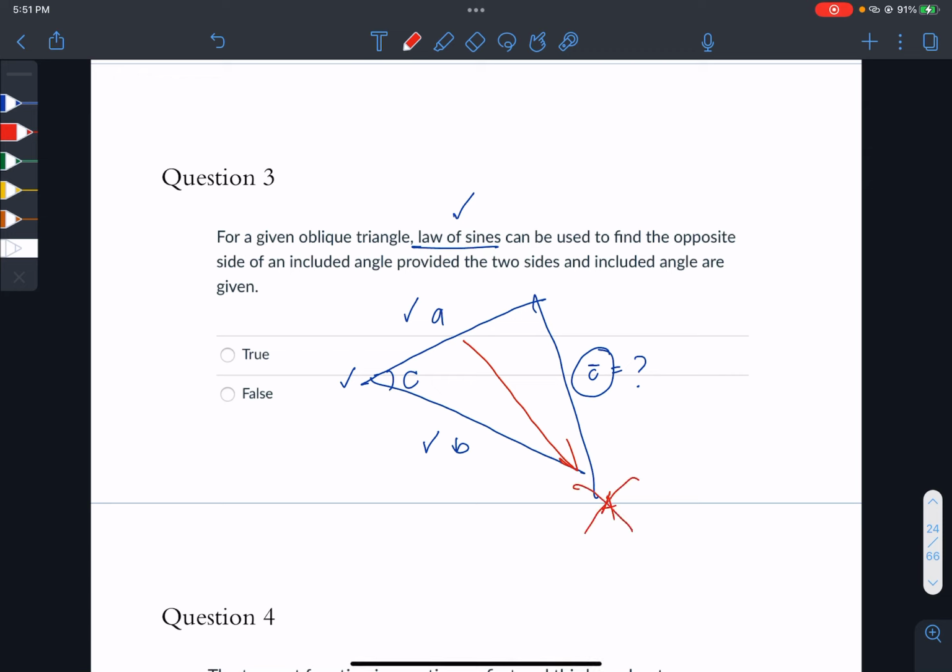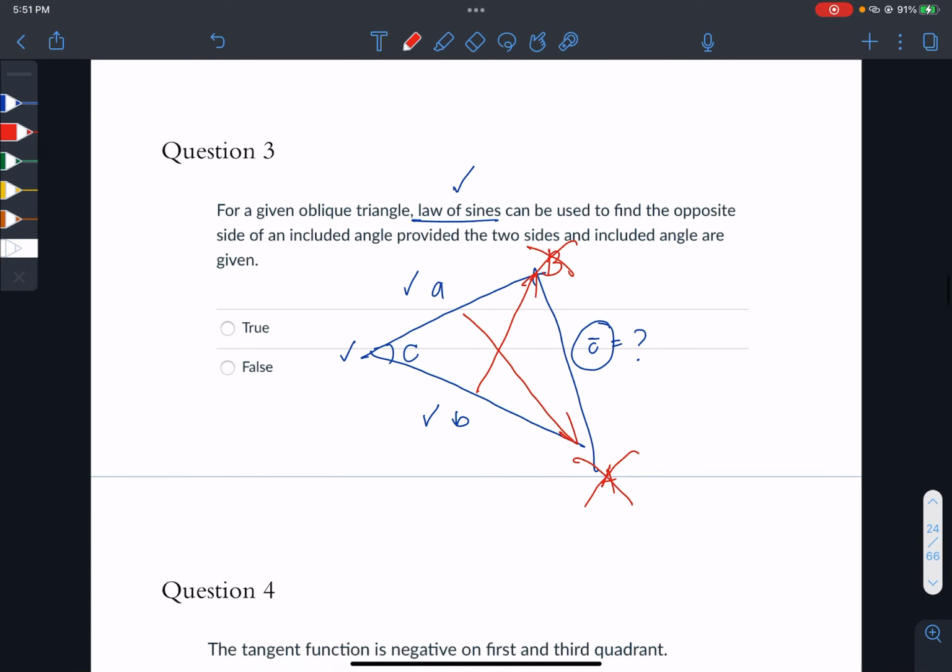The same is true with side B: it is given, but angle B is not. And the included angle C is given, however, the one that we are finding is the side C. So, in short, we cannot use the law of sines. To get that, we need the law of cosines. So that makes the statement false.